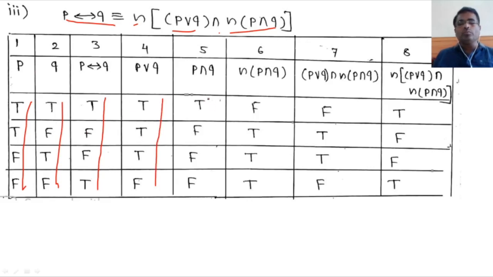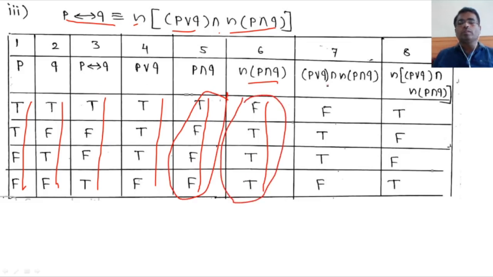P and Q is true, false, false, false. Now we have to consider negation of (P or Q). Its values are false, false, false, true. This is your P and Q: true, false, false, false, isn't it? Now we have to consider the OR operation between these two.